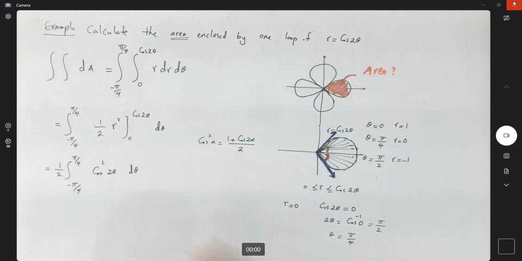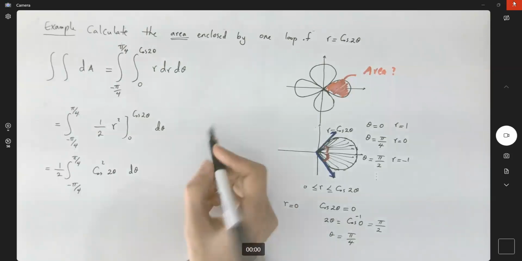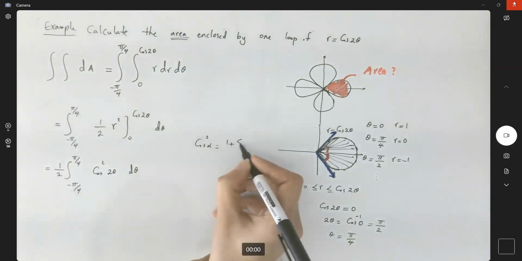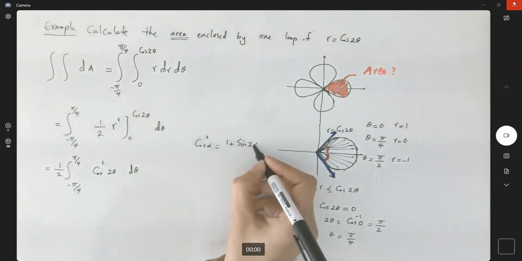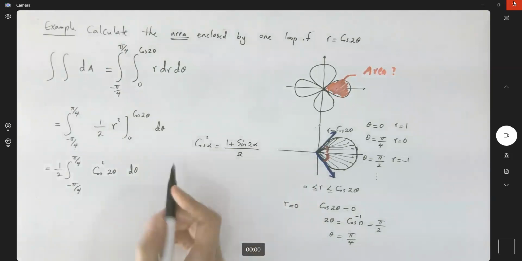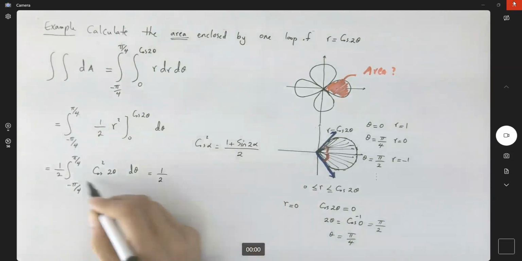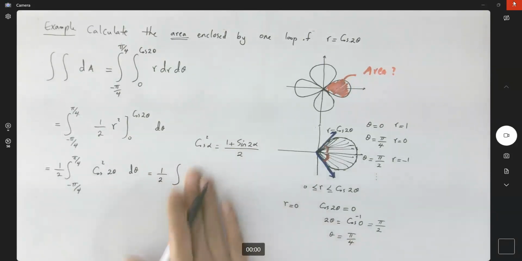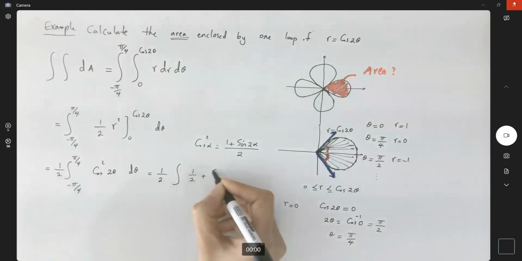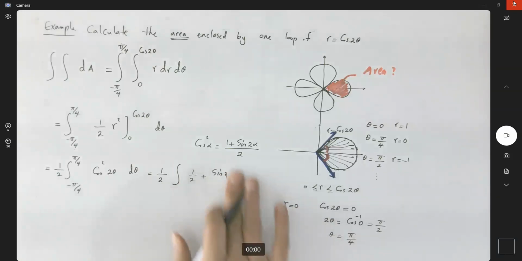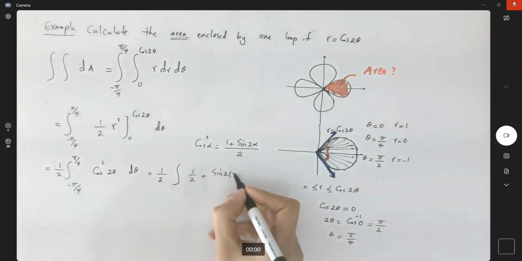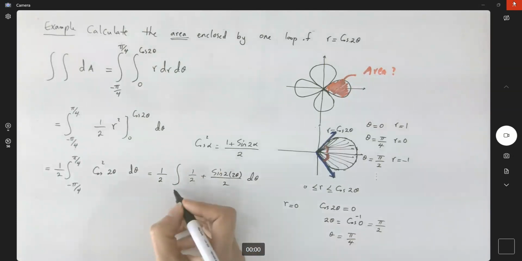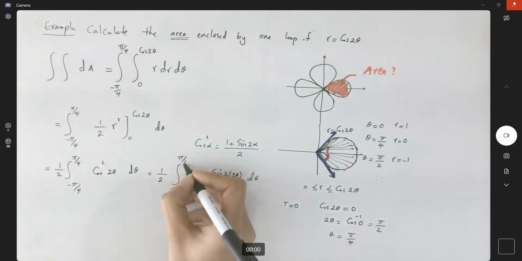So here you get a half, and here you have the integral of a half plus cosine of 2 alpha, which is now 2 times 2 theta, divided by 2, d theta, from negative pi over 4 to pi over 4.